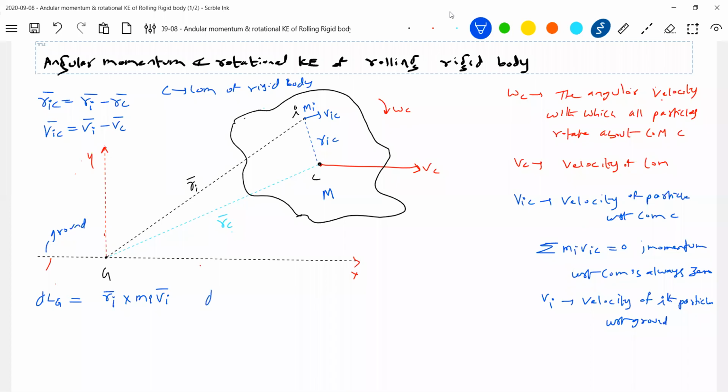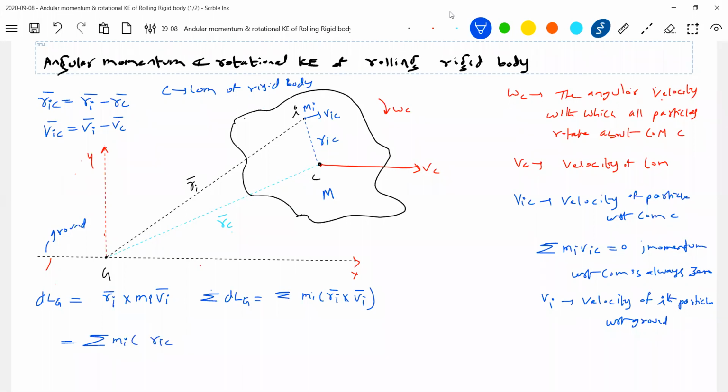Then I want the total angular momentum. So therefore what we do, summation of dLG is equal to summation of Mi Ri cross Vi. Okay, let's substitute all the quantities one by one. So this should be equal to summation of, what is Ri?